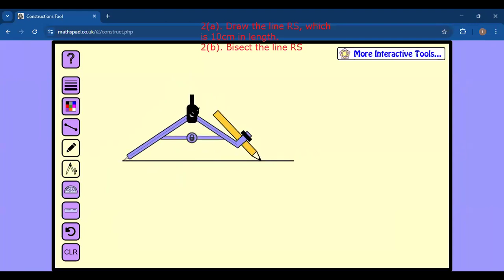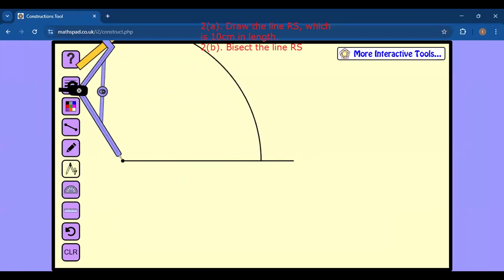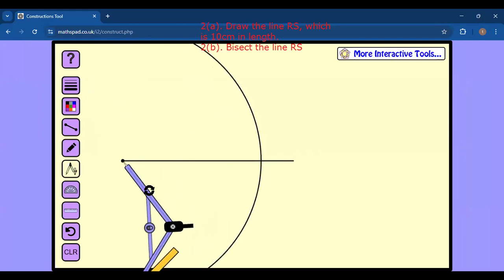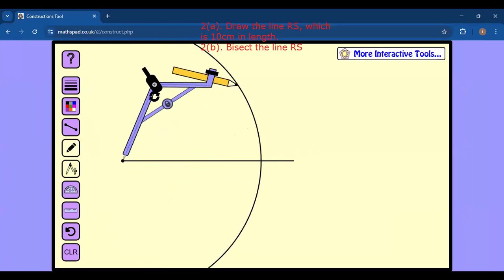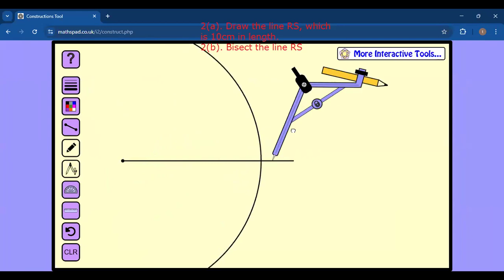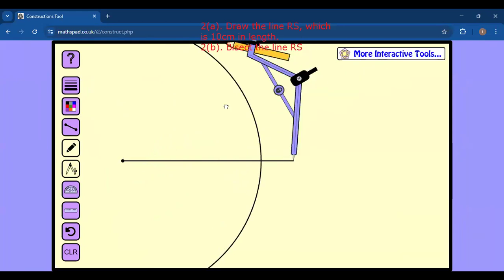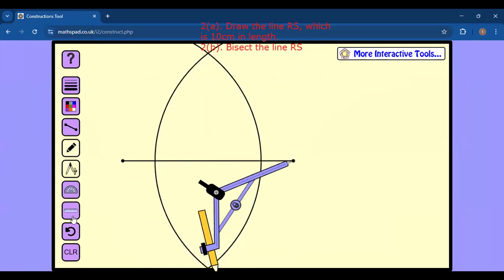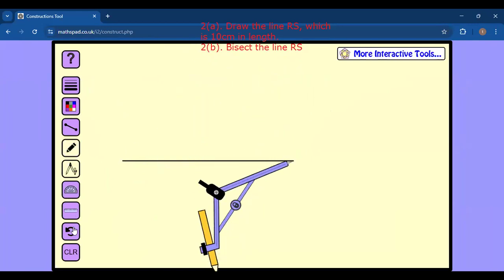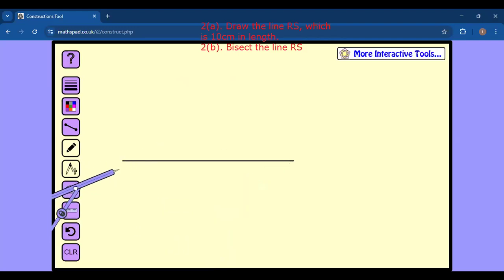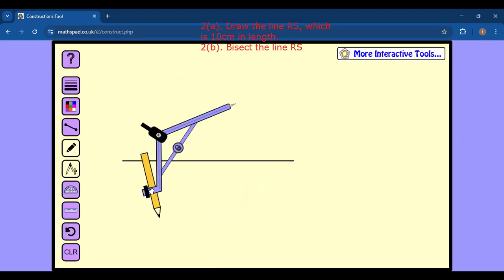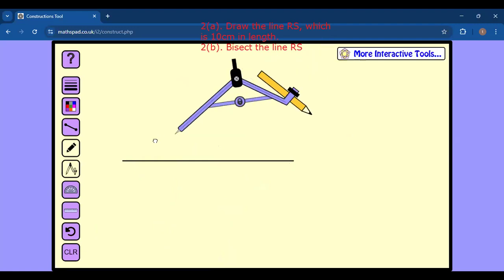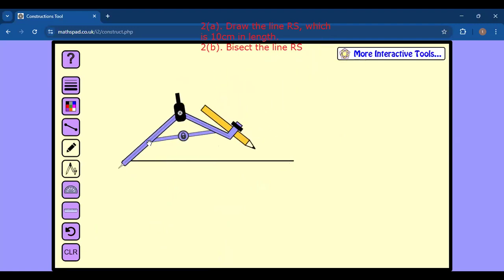I'd say 70 to 80. And so we draw an arc like that, come down. Okay, and then we come here, draw our next arc. Okay, so it's too much. If it's too big, you can just lower the compass.